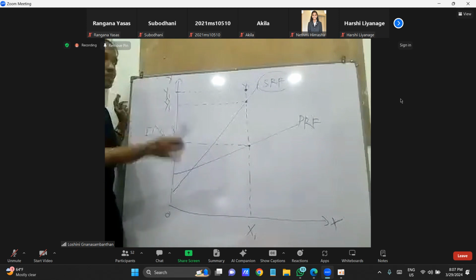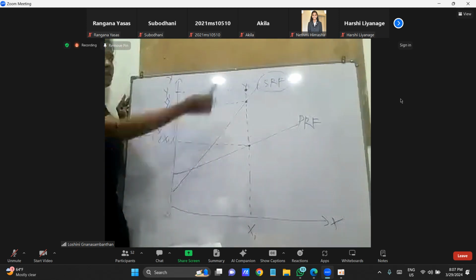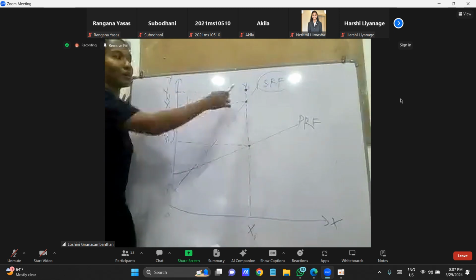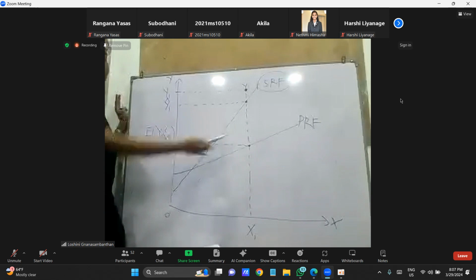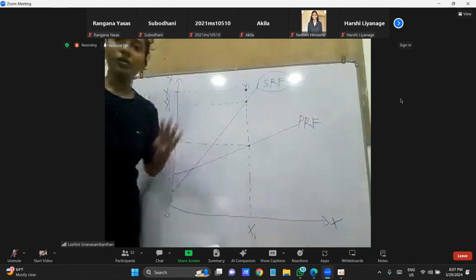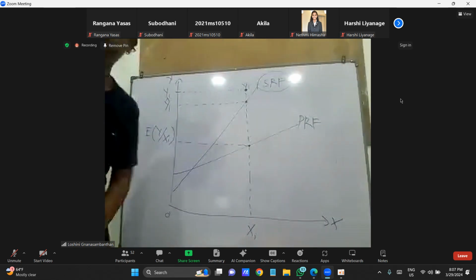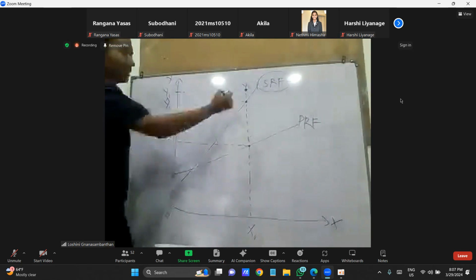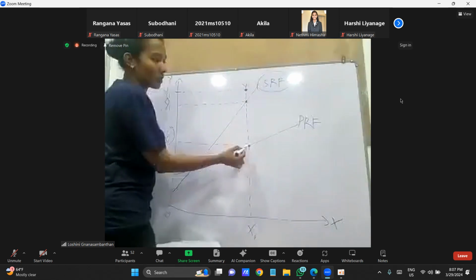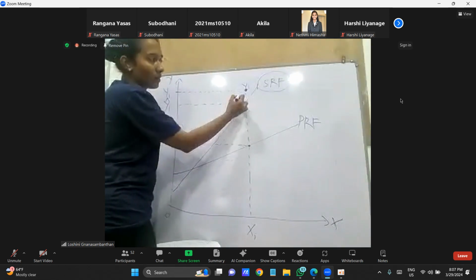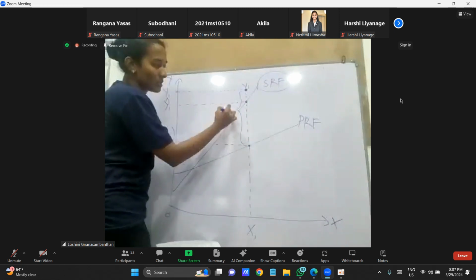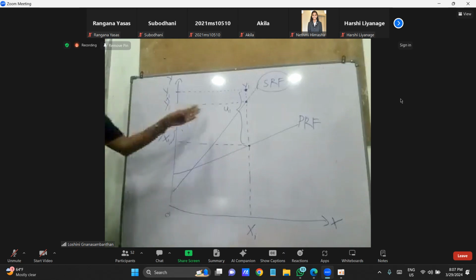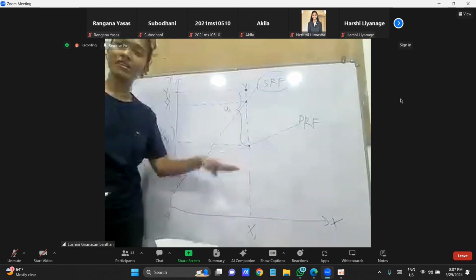But can you see that both of them fail to correctly predict this Y? So now the U term comes. So this whole distance from the PRF is Ui. Can you remember the stochastic version of the population regression function?